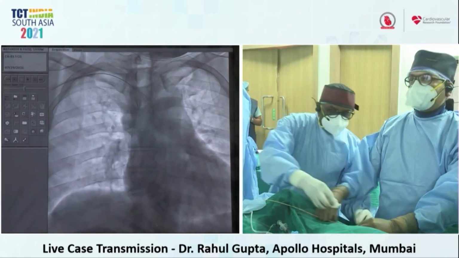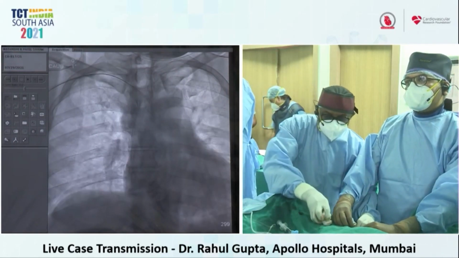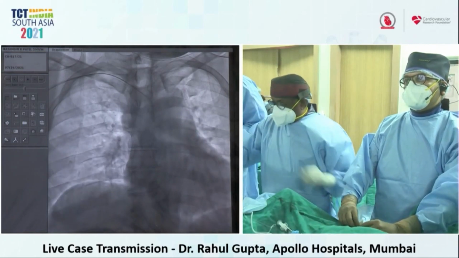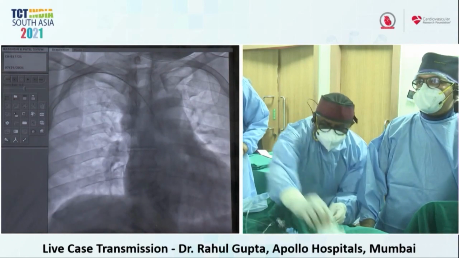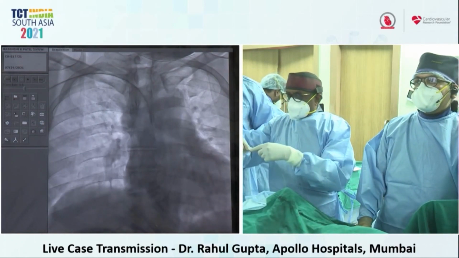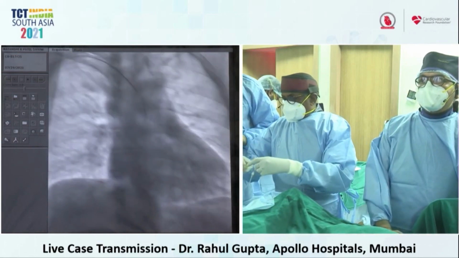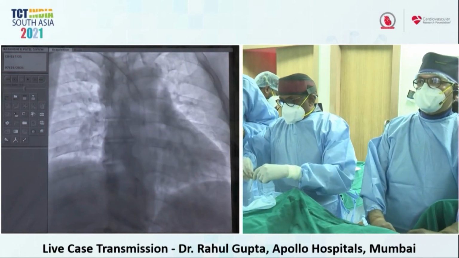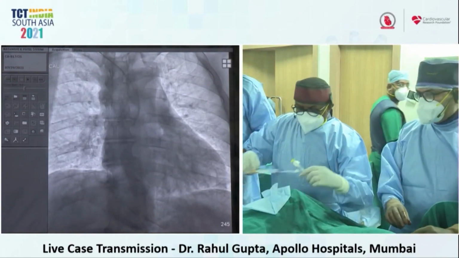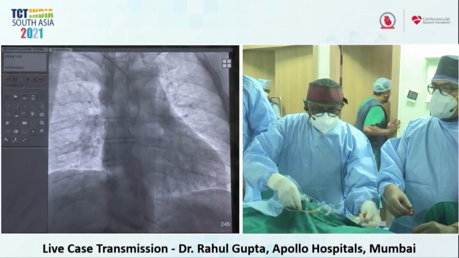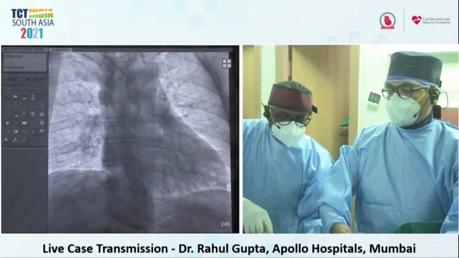Dr. Rahul, just for me to understand, with this very long sheath or dilator system, do you make a smoother transfer for your guiding catheter, or do you avoid spasms? Yeah. So the most important thing is the outer diameter of a 5 French sheath is the diameter of this 7 French guiding.